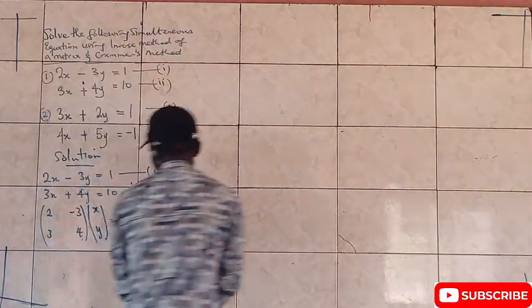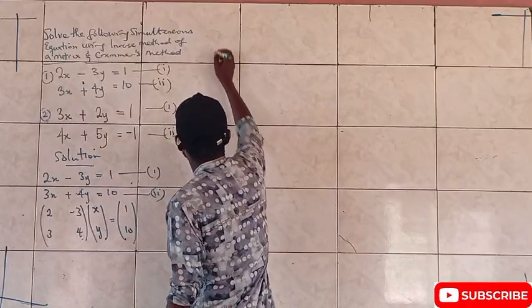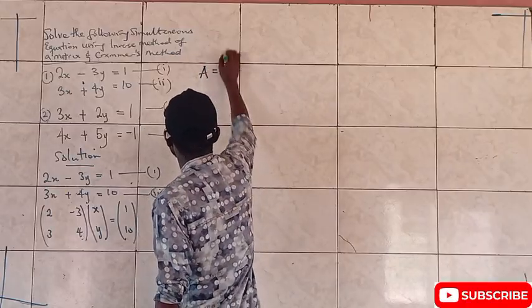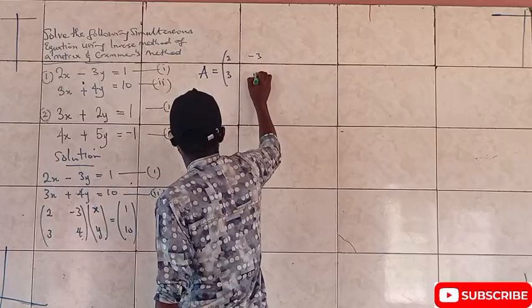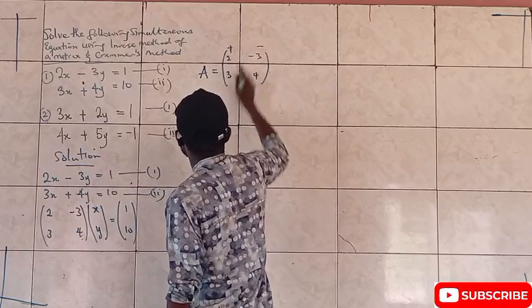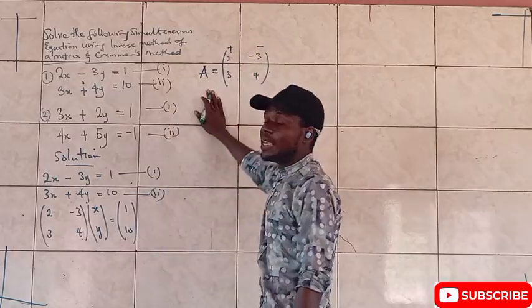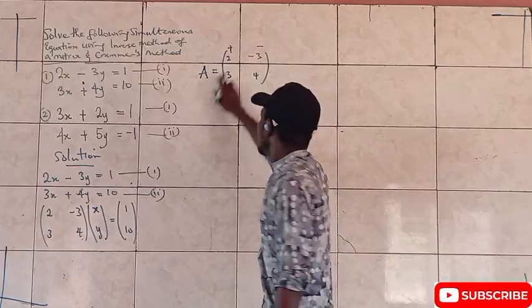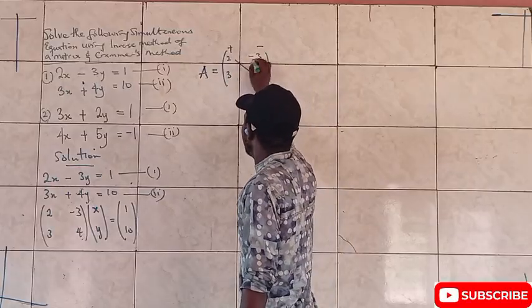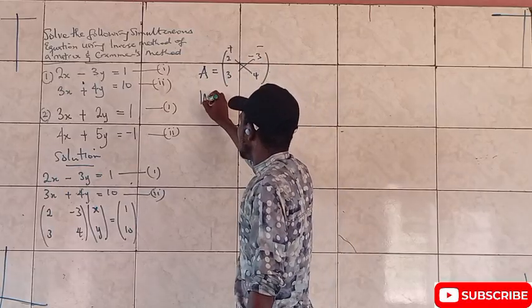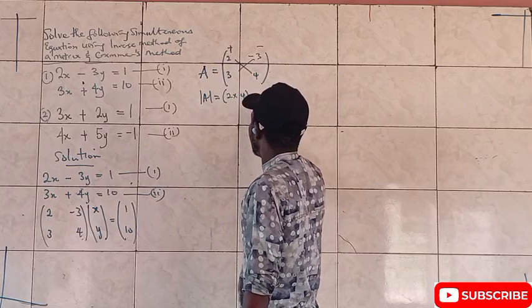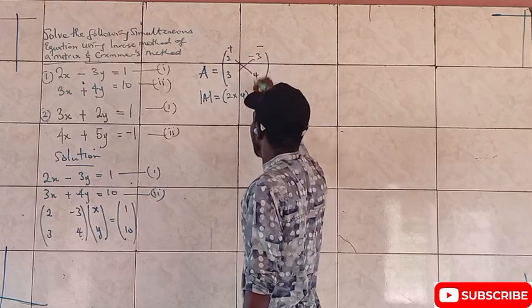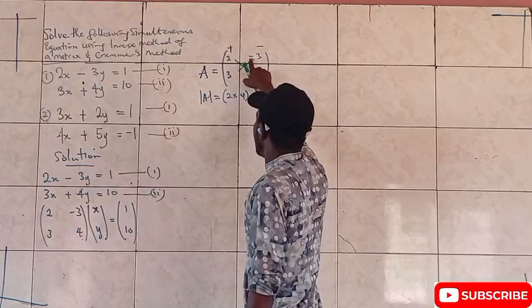Now look out for the next one. My next job is this, my A. I call it my matrix A like I did initially, which is what? 2, 3, minus 3, and 4. Then my next step is to solve for the determinant of the matrix. Plus, minus, then just put a cross like this, so that the determinant of matrix A becomes 2 times 4, then followed by minus, I put it here, then 3 times minus 3.